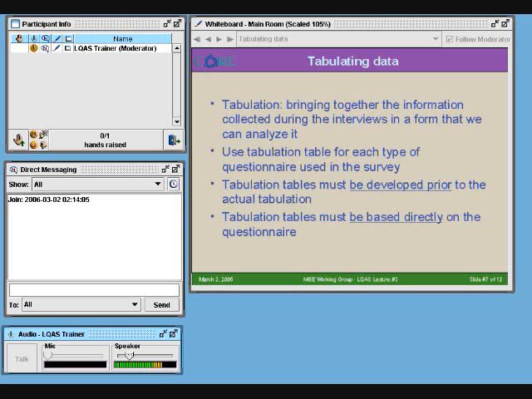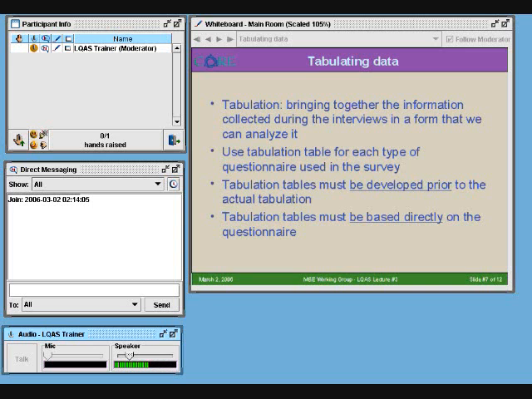So if we use parallel sampling for distinct groupings, then we should use one tabulation table for each group. Now, tabulation tables must be developed prior to the actual tabulation process, as this process really requires a form to register the responses provided by the people we interviewed in the survey.